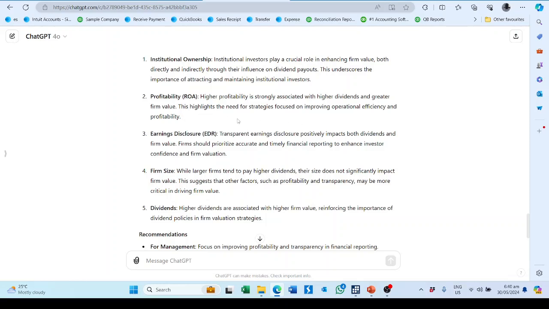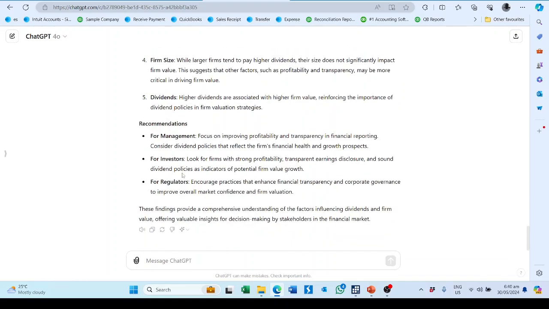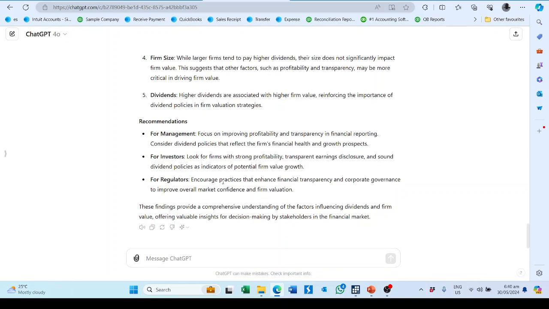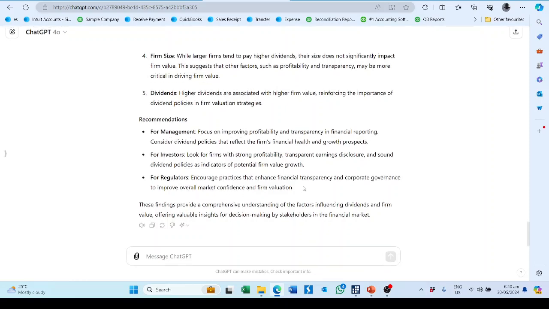This highlights the need for strategies focused on improving operational efficiency and profitability, and so on and so forth. You can see it is also giving recommendations for management: focus on improving profitability and transparency in financial reporting. For investors, look for firms with strong profitability, transparent earnings disclosure, and the rest of them. For regulators, encourage practices that enhance financial transparency.